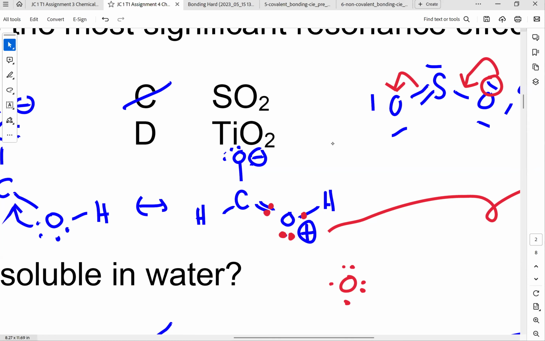So overall, O has 5 valence electrons, not including the bonded pair, all right? So from O itself, it's only 5 valence electrons, whereas O should have 6 valence electrons. So O with 5 valence electrons means this O is positively charged.